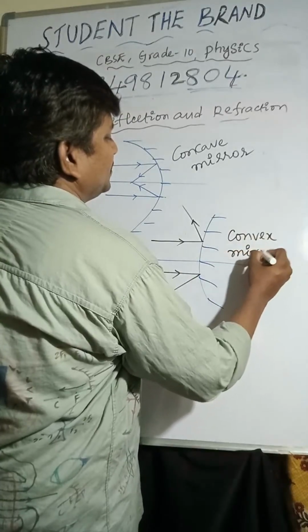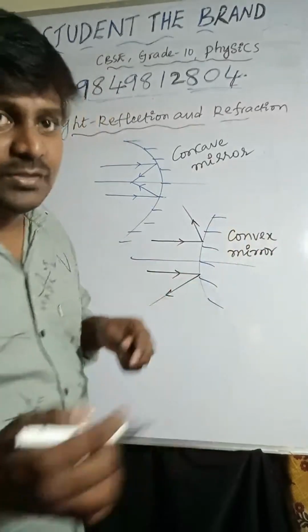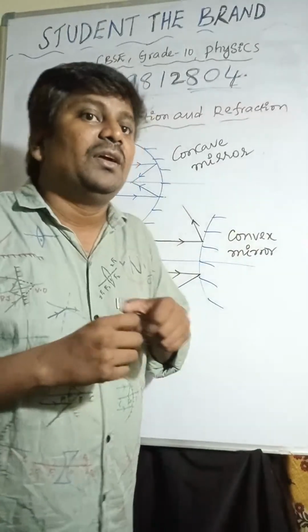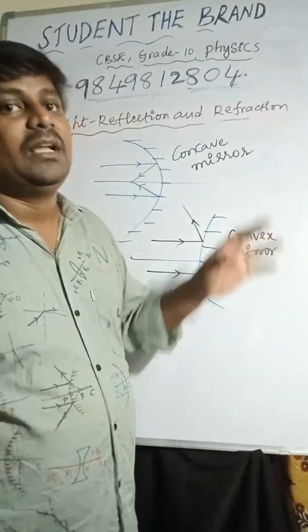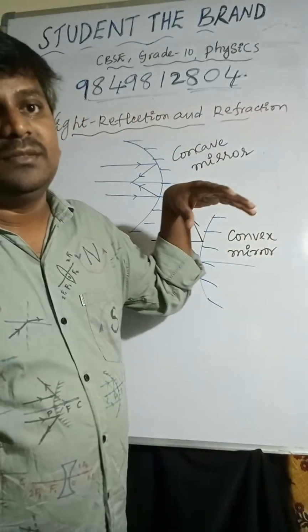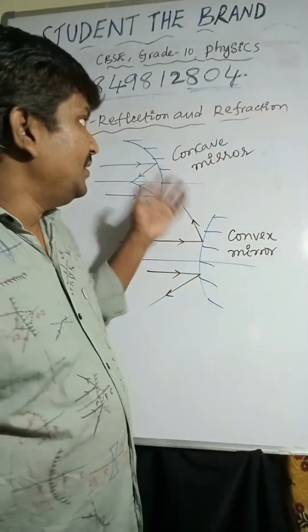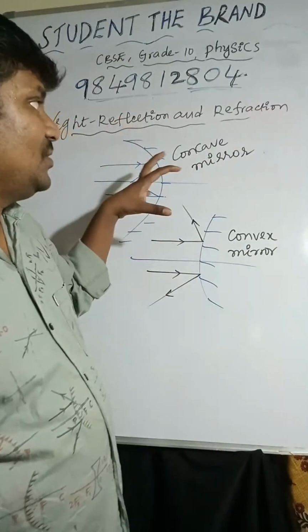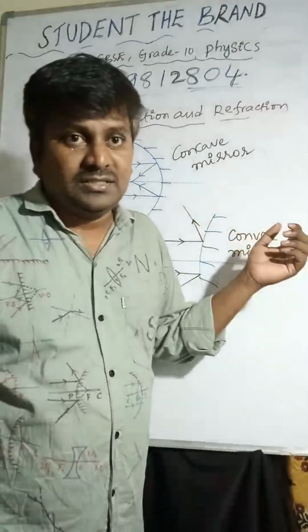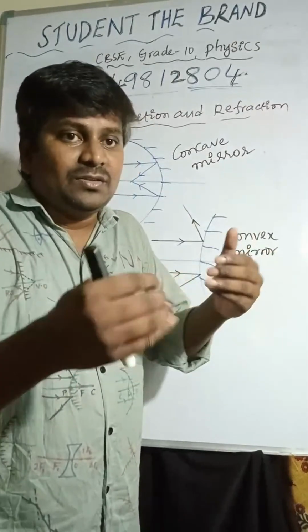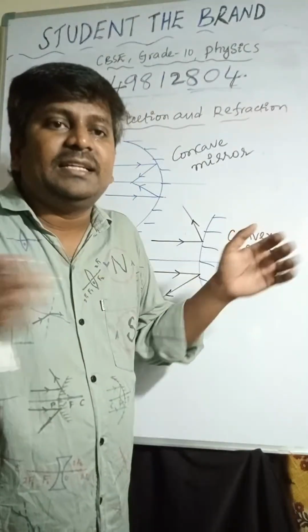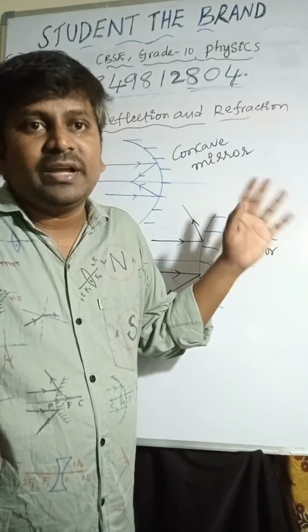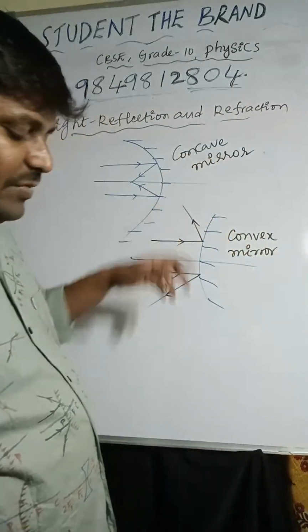Concave mirror is also known as converging mirror, whereas convex mirror is also known as diverging mirror.